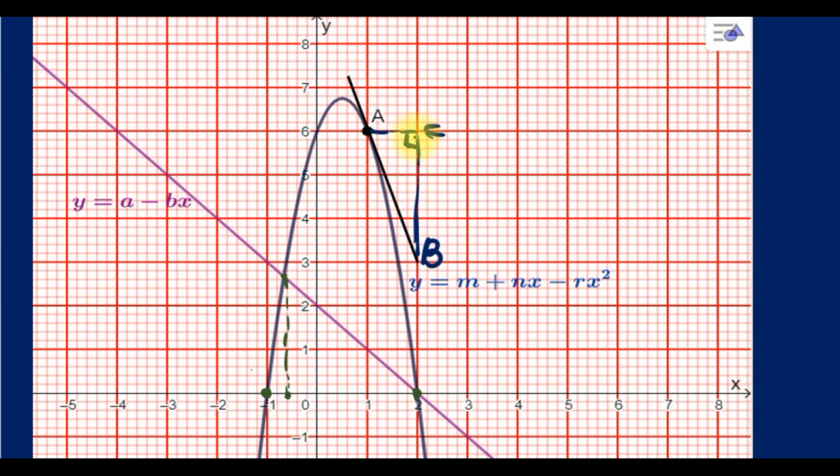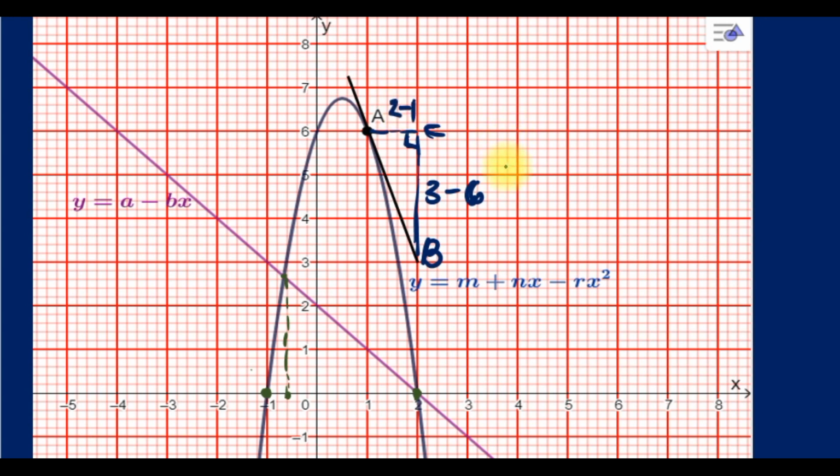So we have change in y, which is 3 minus 6, and change in x, which is 2 minus 1. So AC is 2 minus 1.